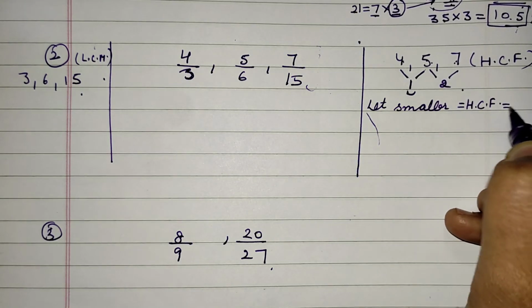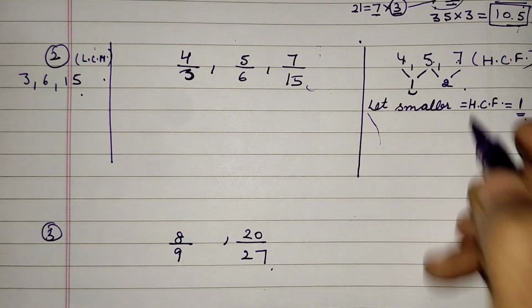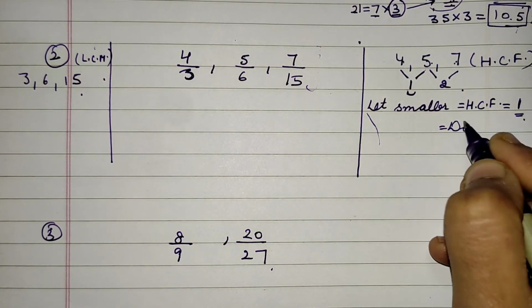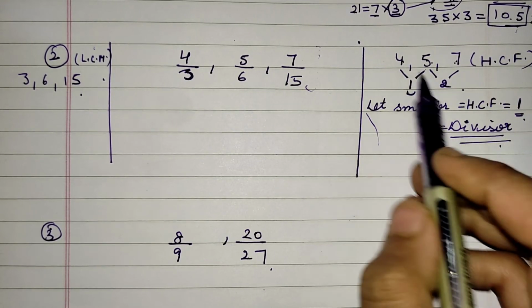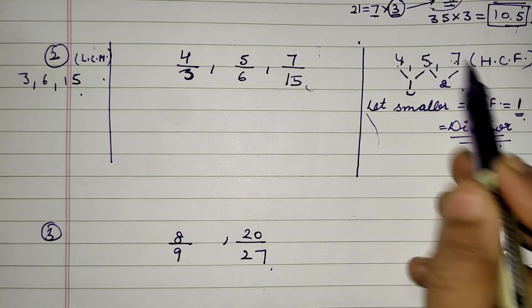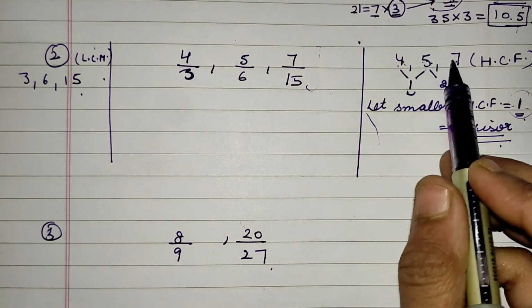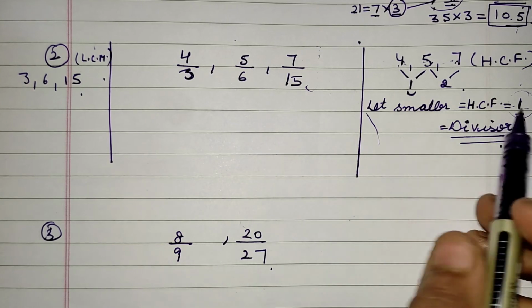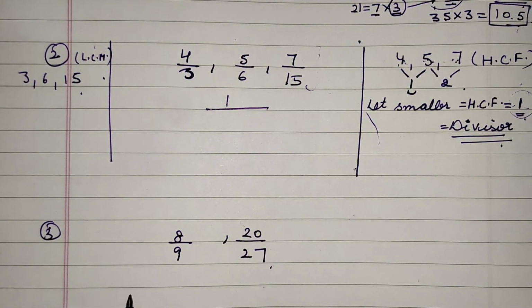Let the smaller number be my HCF, which is equal to 1. Now check whether 1 is a divisor for all the numbers, meaning all these numbers are divisible by 1. Yes, all these numbers are divisible by it. So HCF is going to be 1.